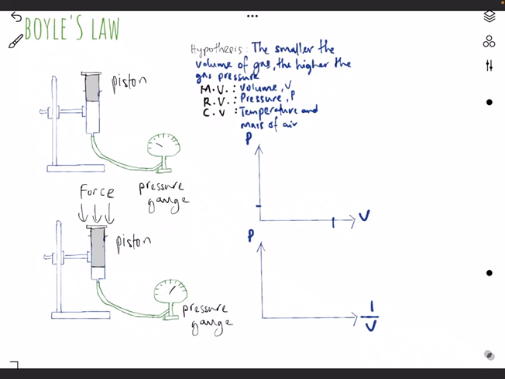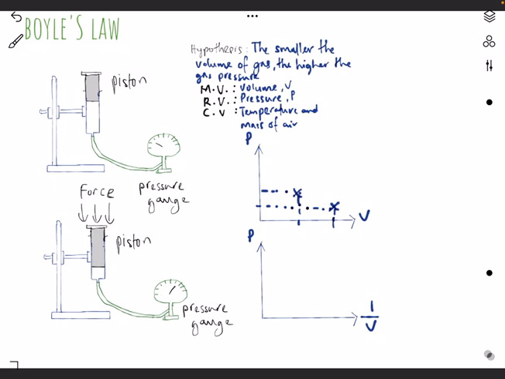So you can plot the graph here. And then when we apply force, the volume of the piston will decrease, but the pressure will increase. It's going to be somewhere here. Okay, when the volume decreases, then the pressure increases a little bit. Then you have the plot here.